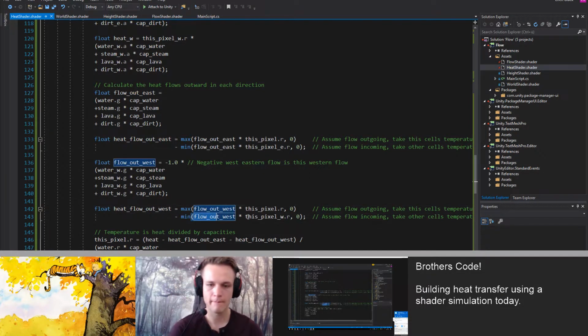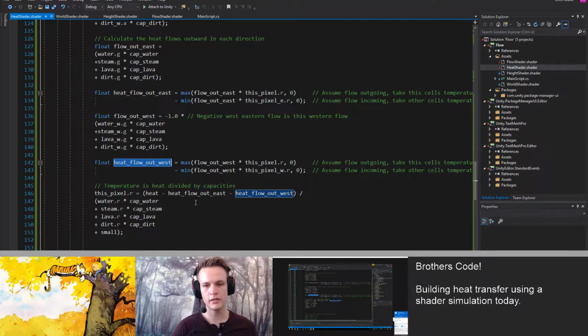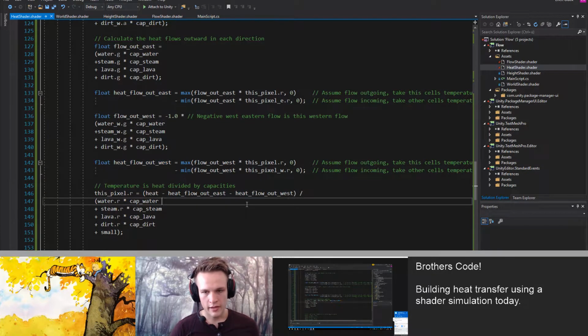And this is the same, because if it's actually flowing in, then that's negative, and then the pixel's temperature is positive or 0, which is then positive, and heat flow is positive, which means you always subtract heat.